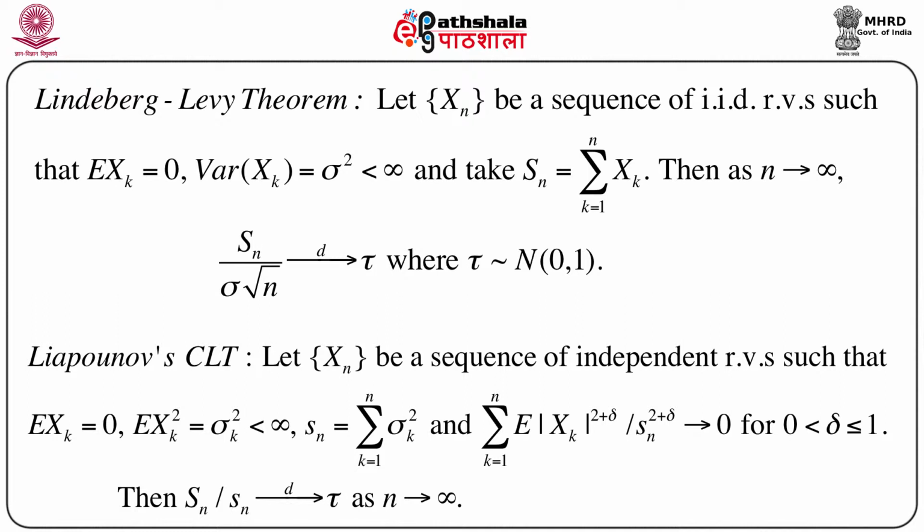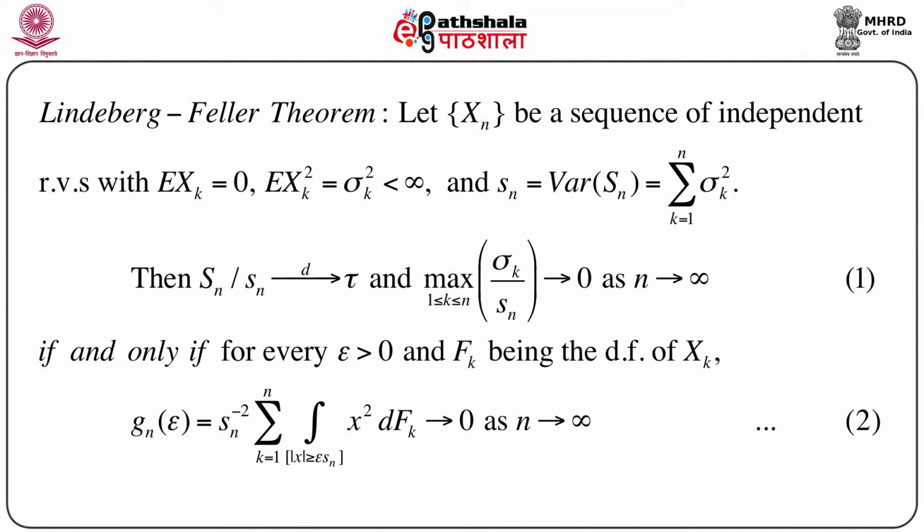That means that in the formulation we are using moments up to second order, but in order to prove this CLT we are assuming the existence of a slightly higher order moment, higher than 2. So Lindeberg and Feller came up with another theorem that assumes the existence of only up to second order moments, even when we are assuming independent random variables.